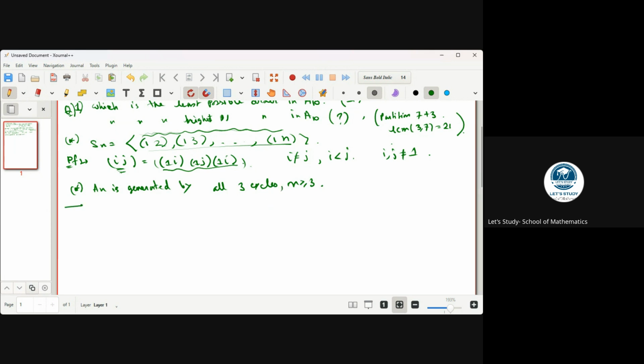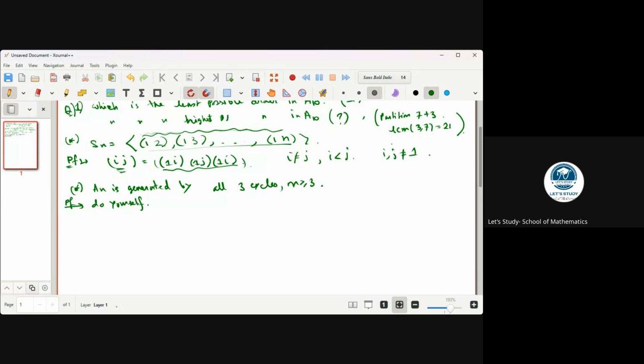Proof, do yourself. Same technique. Just write 3-cycles and 2-cycles and 2-cycles and 3-cycles repeatedly. So A_n is generated by all 3-cycles.